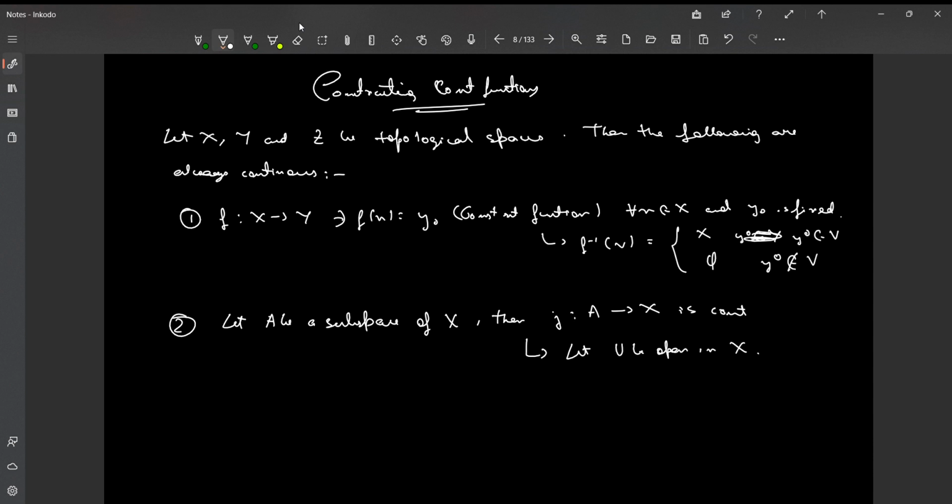Why is it continuous? A simple hint: consider any open set U in X. What is J inverse U?